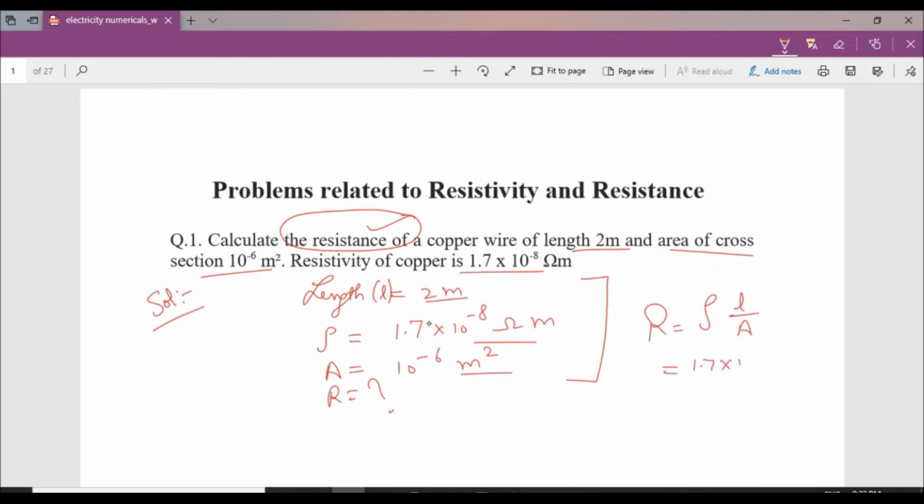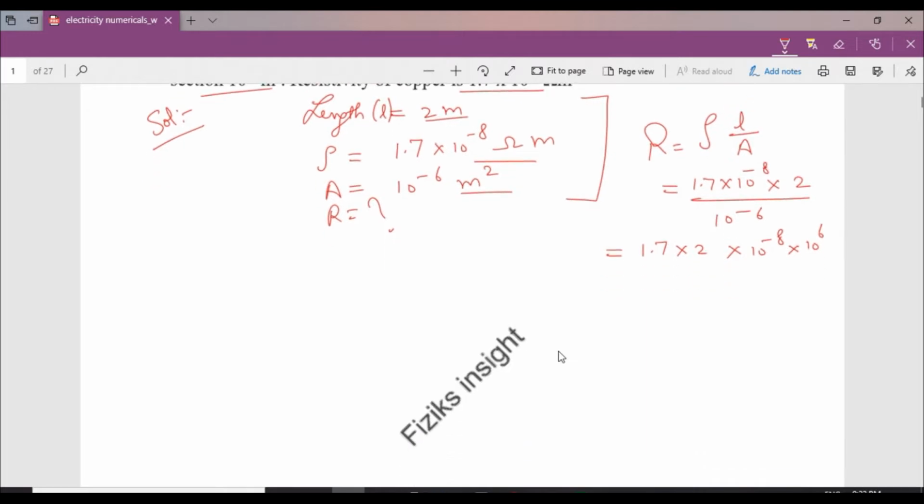1.7 into 10 raised to power minus 8 into length is 2 meter and area is 10 raised to power minus 6. So it will come out to be 1.7 into 2 into 10 raised to power minus 8 into 10 raised to power positive 6, as we have taken it in numerator. So it will give you 17 into 2, 34.